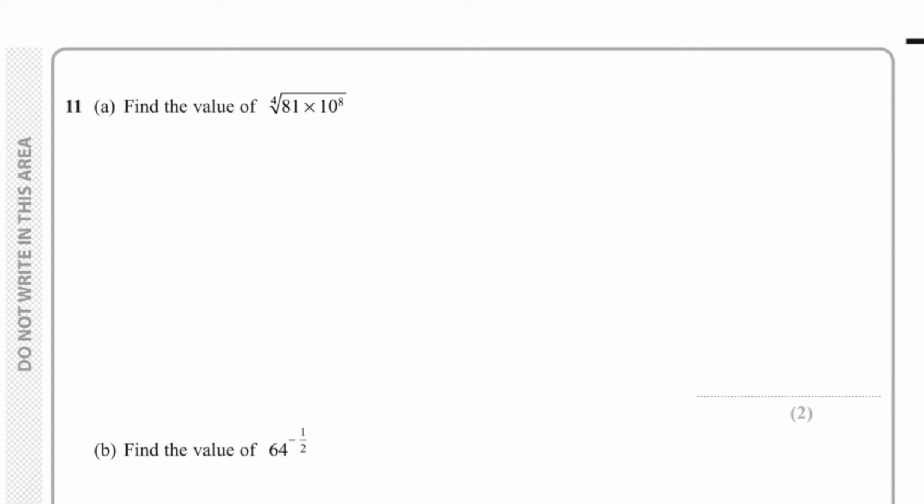Well, here we need to use the rule a to the power of m, all raised to the power of n, is a to the power of mn.